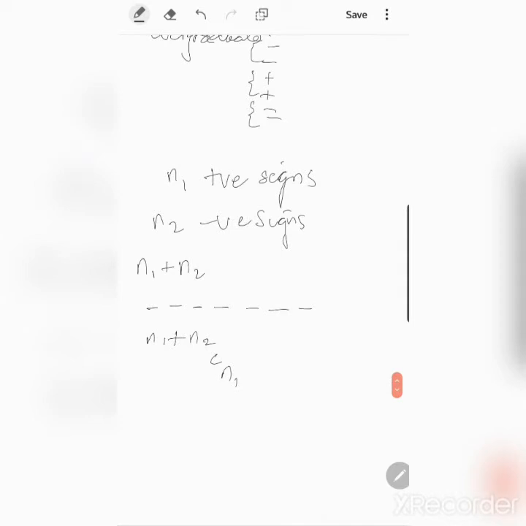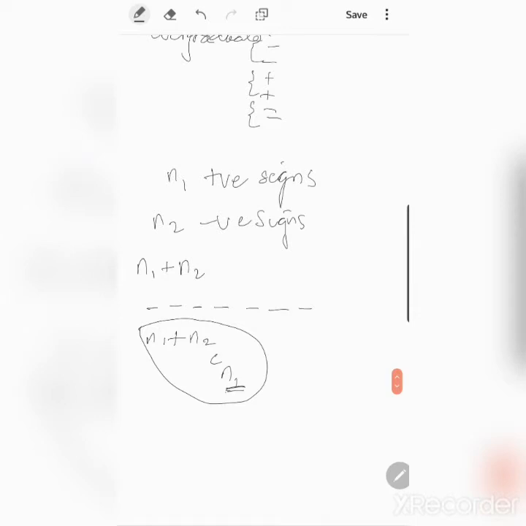I have n1 plus n2 locations, so the number of ways in which I can arrange n1 positives and n2 negatives is (n1 plus n2) C n1. So these are the total number of arrangements, but I have some restrictions.